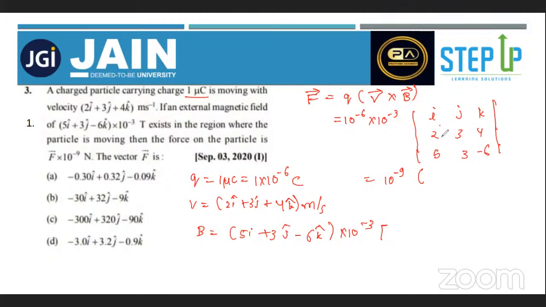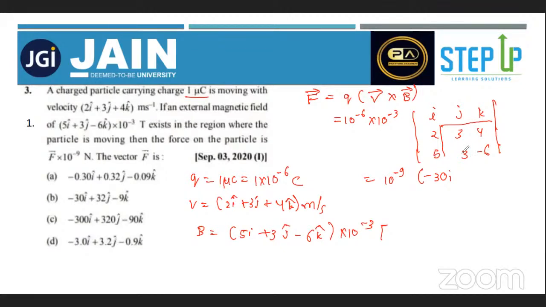For i, you cover this row and column. We are trying to find 3 times minus 6, which is minus 18, and minus 12. So it becomes minus 30i. Then if I'm taking j, it will be 2 times minus 6, which is minus 12, minus 5 times 4, which is 20.